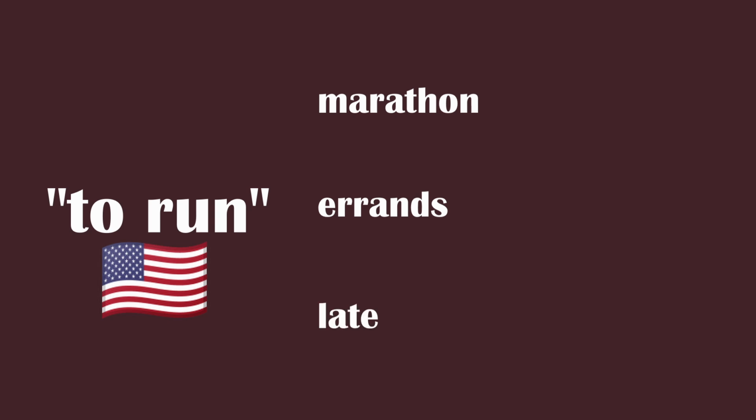First, it is important to understand that words have many meanings. Think, for example, of the word to run. You can run a marathon, you can run errands, but you can also run late. The word run is a collection of concepts. In other languages, however, these concepts might be represented by different words.